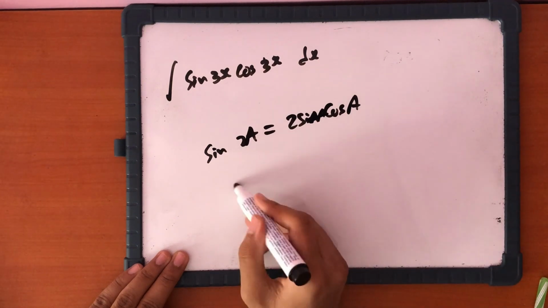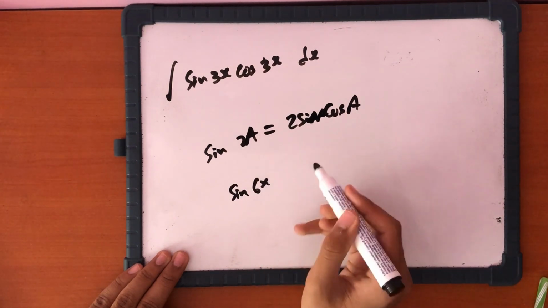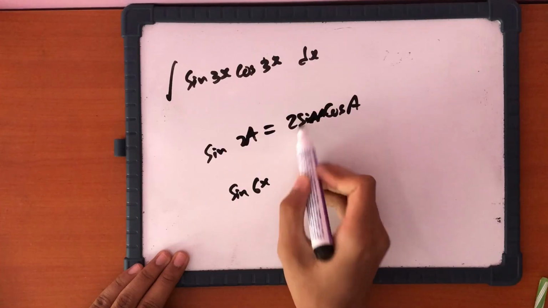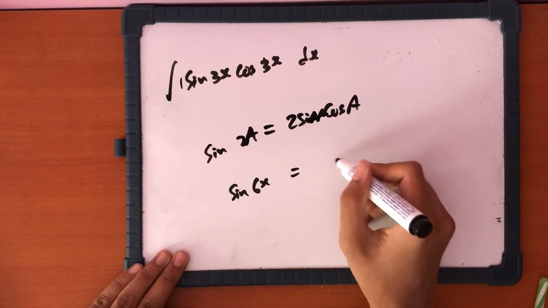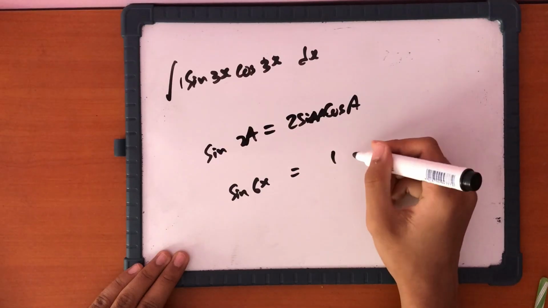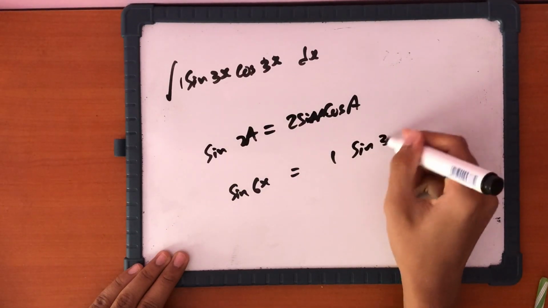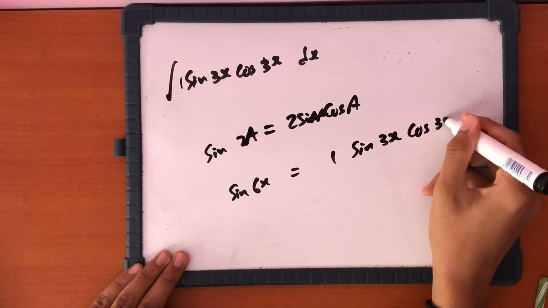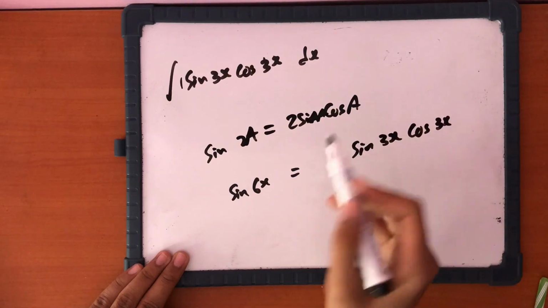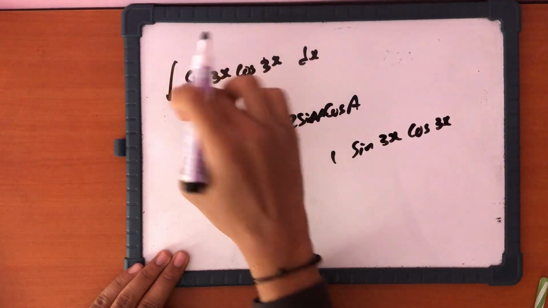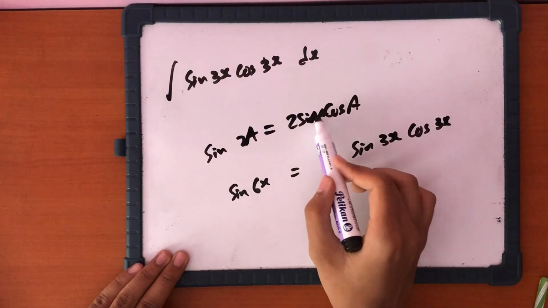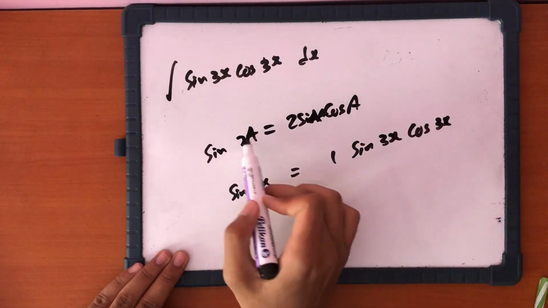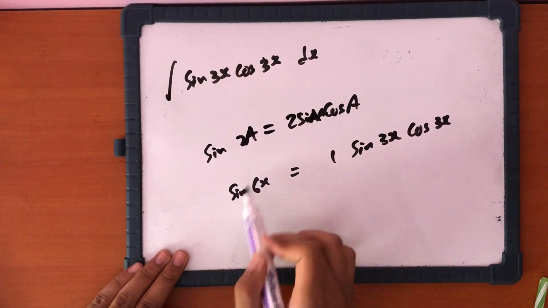So it must be sine of 6x, but since there is a 2 here and here it's a 1, I'm just trying to show you the pattern. Sine a cos a, we see it's similar here. Whatever a is here, 3x, here it should be 2a. That's why I put 6x here.